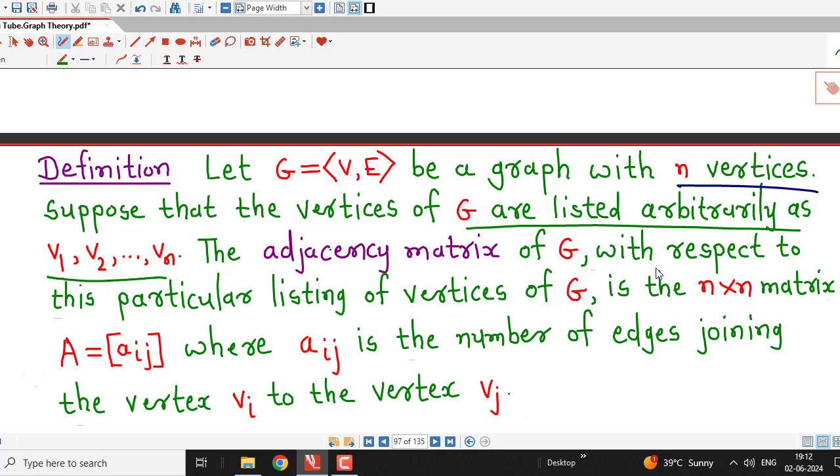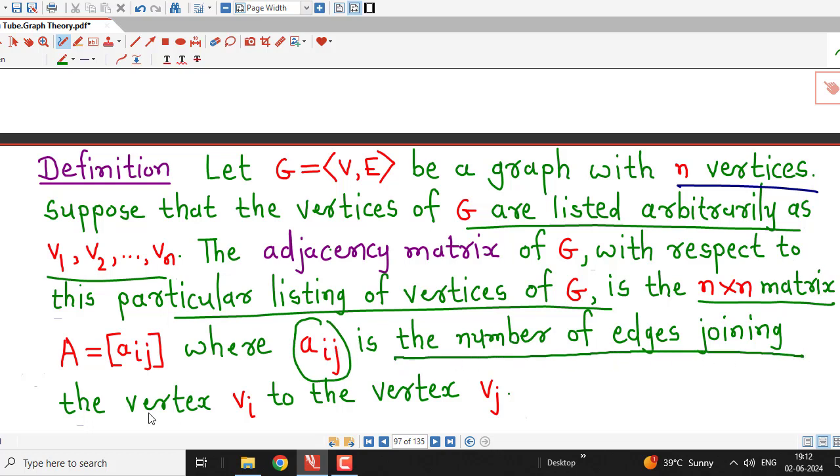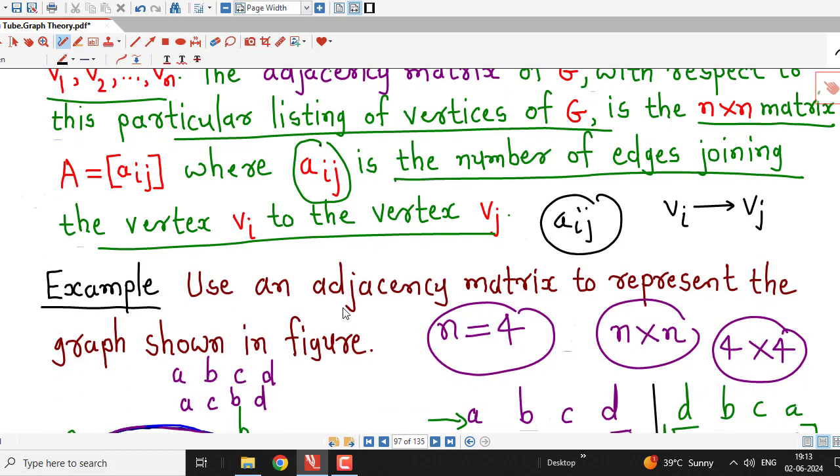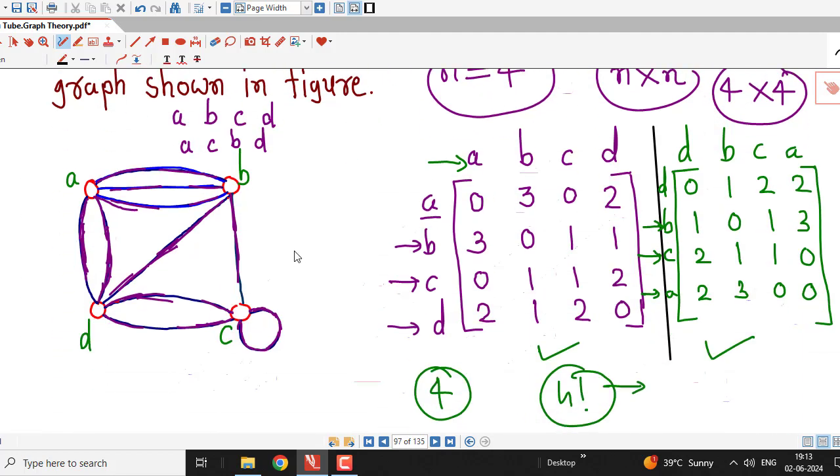The adjacency matrix of G with respect to this particular listing of vertices is the n by n matrix A equal to (Aij), where the ijth entry Aij is the number of edges joining the vertex Vi to vertex Vj. This number we have to decide from the given graph, and I have written this example.